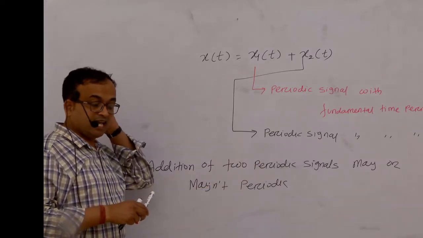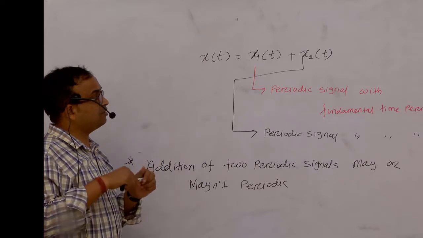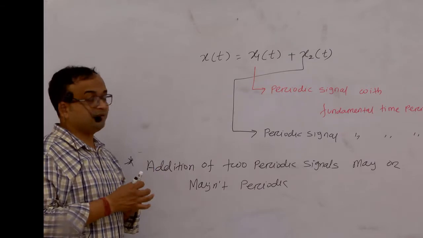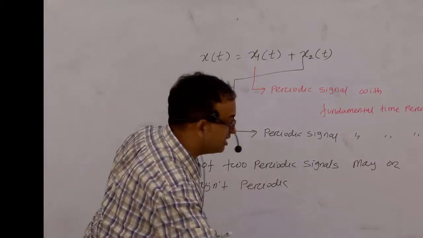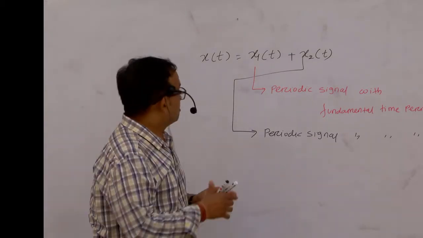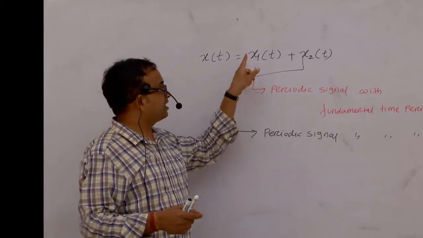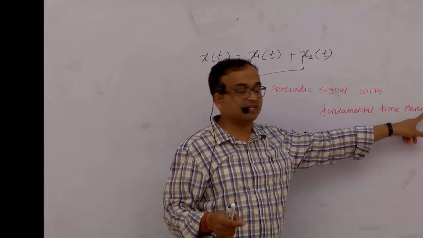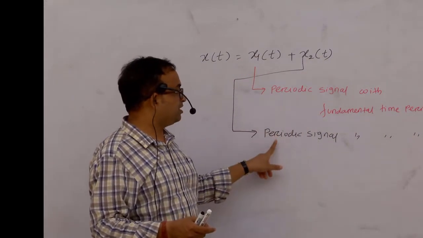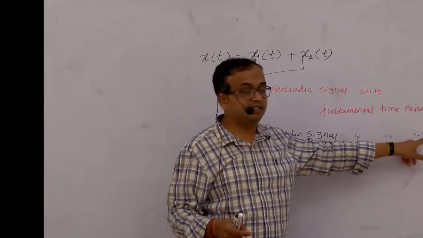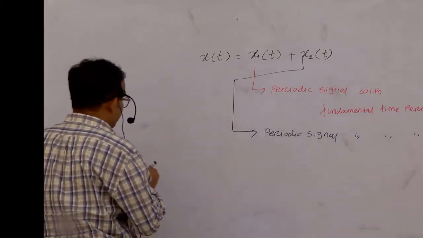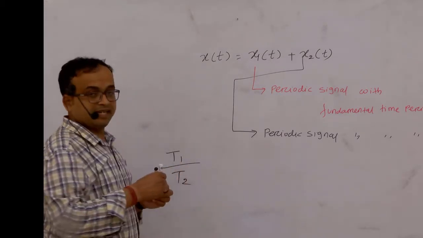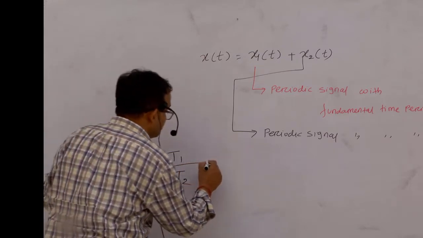Now how do we tell whether the signal x of t is periodic or not? Very simple. I have assumed that x1 of t is a periodic signal with fundamental time period t1, and x2 of t is a periodic signal with fundamental time period t2. Just divide t1 by t2, and let's write t1 by t2 equal to m by n.